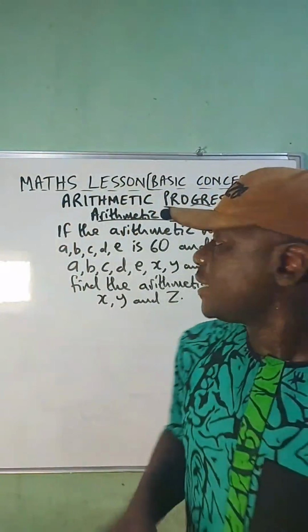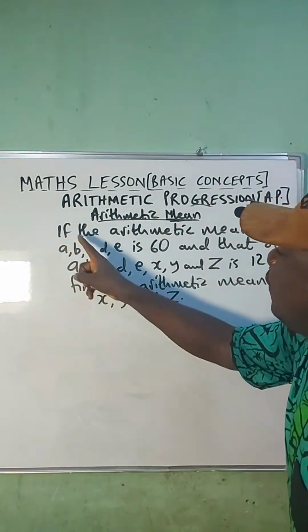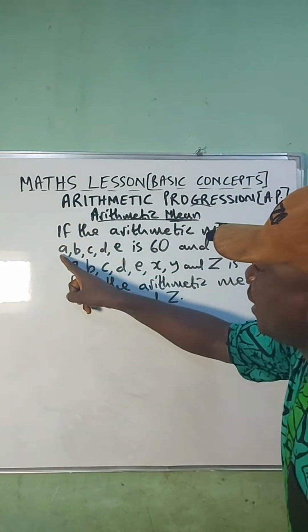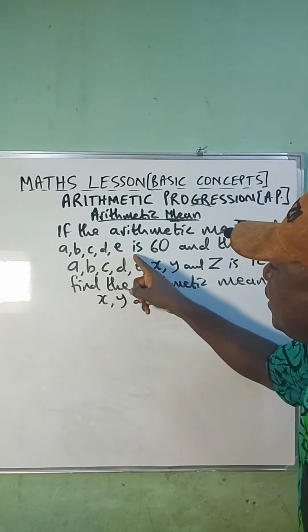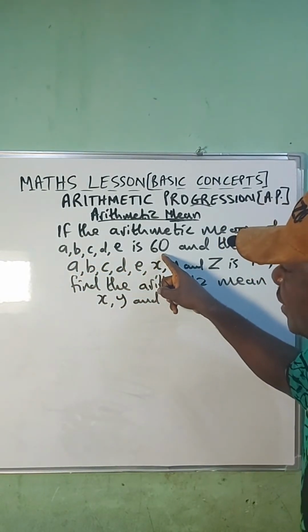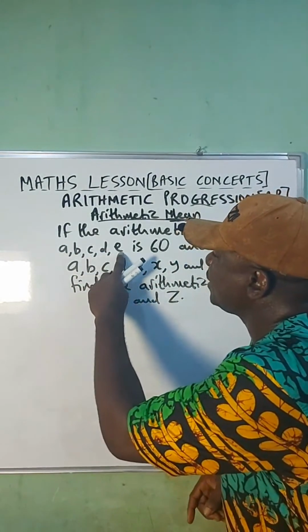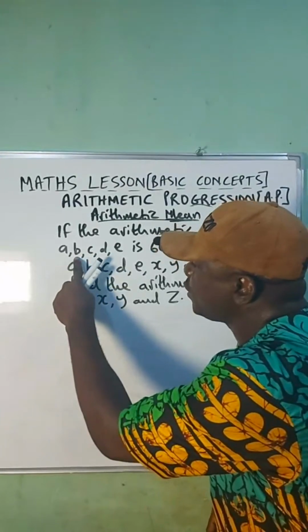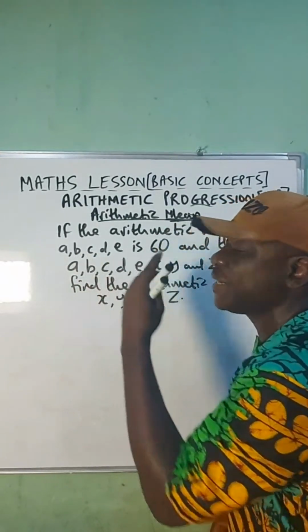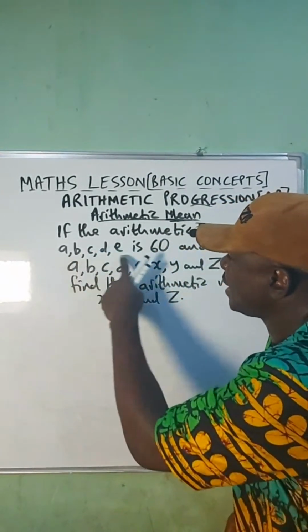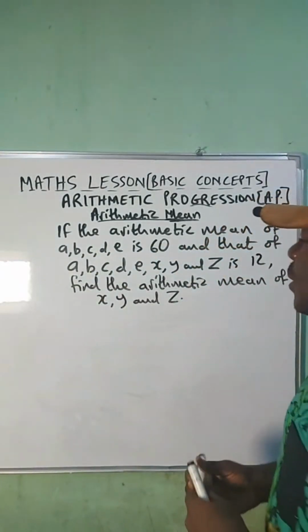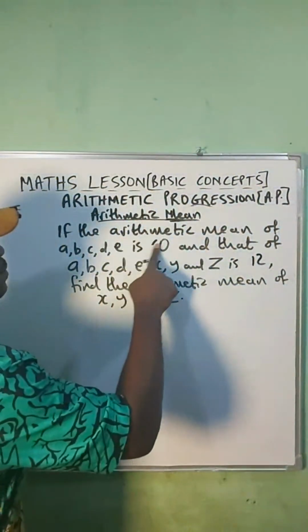So can I have a question like this? Yes. If the arithmetic mean of A, B, C, D, and E is 60, now, arithmetic mean of A, B, C, D, E means I will take A plus B plus C plus D plus E divided by 5. No, 60 is big.